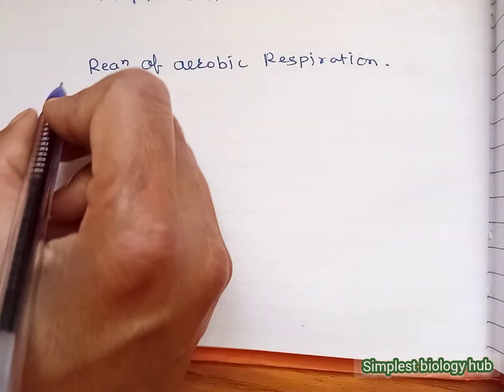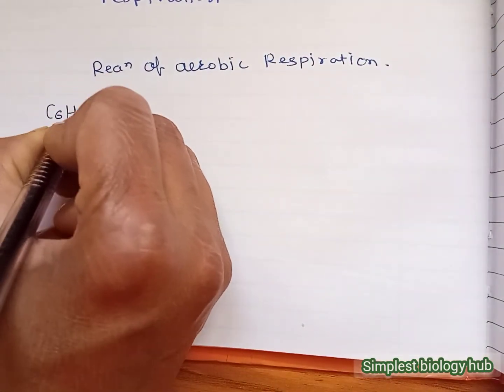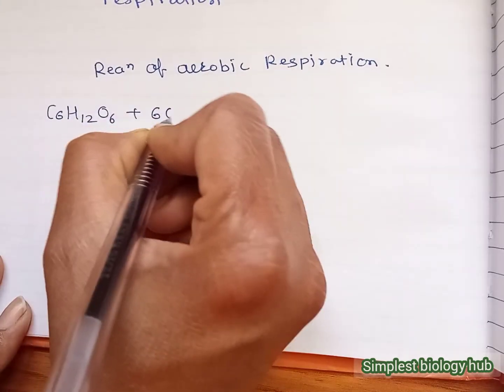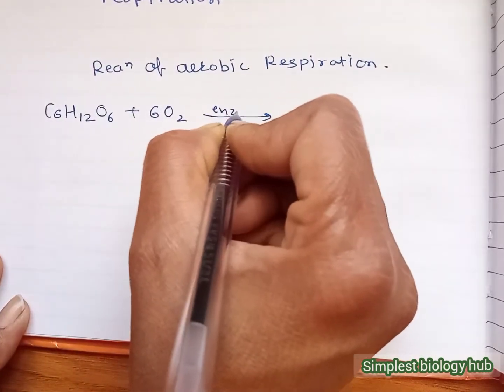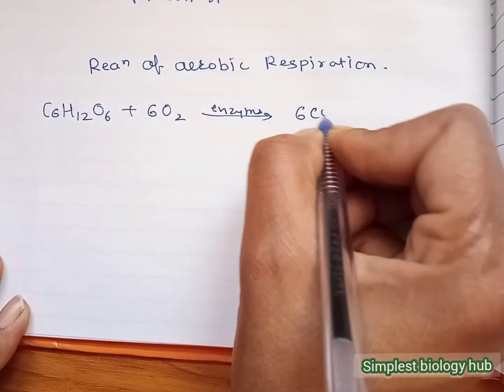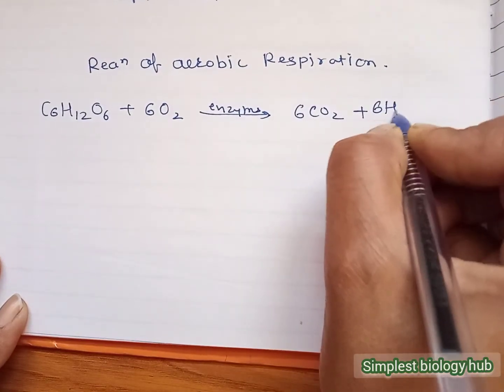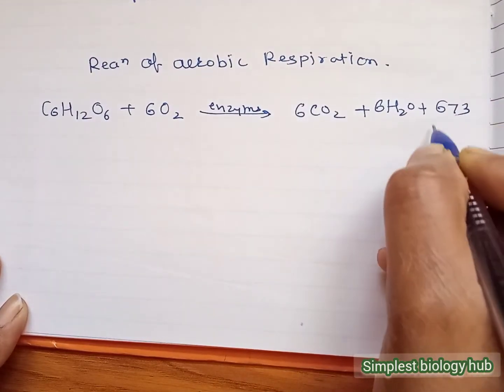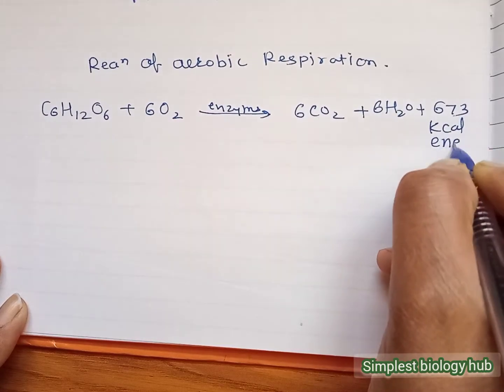Reaction of aerobic respiration, or complete oxidation: what type of reaction takes place? One glucose molecule breaks down in the presence of oxygen with a number of enzymes and produces carbon dioxide, water and 673 kilocalorie of energy.